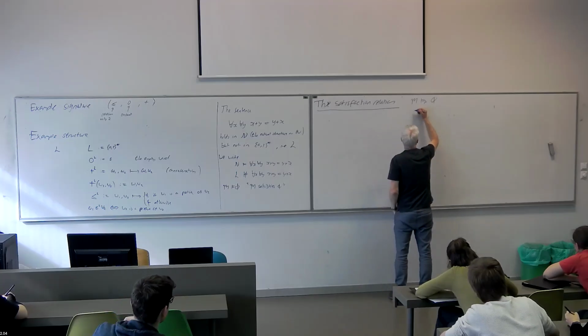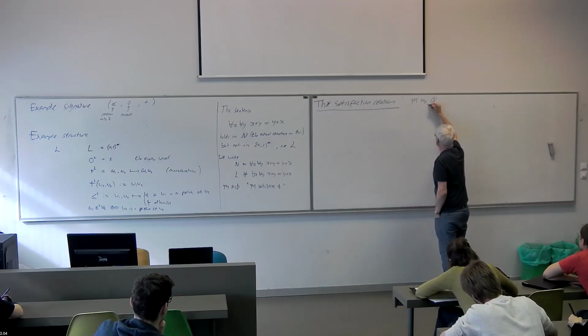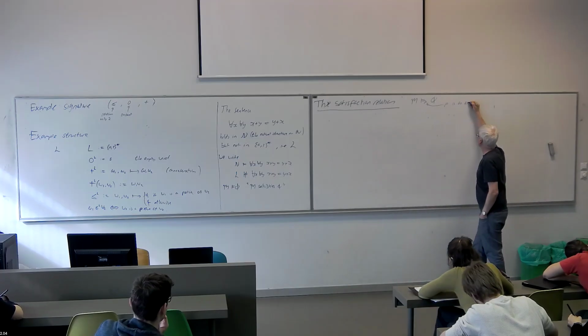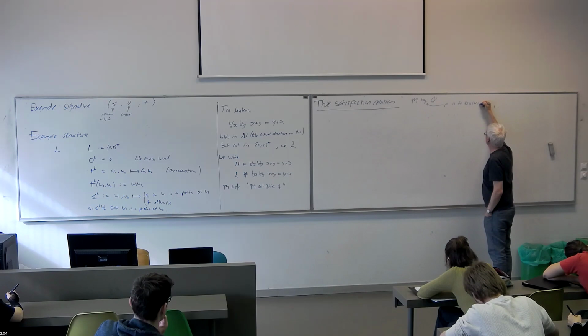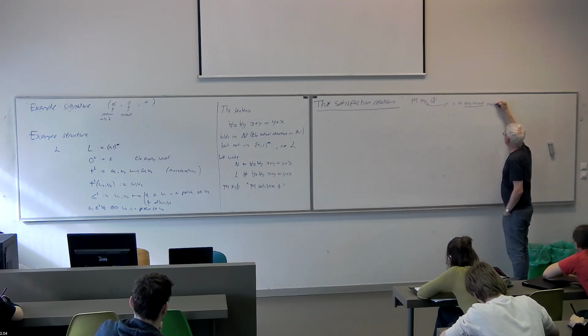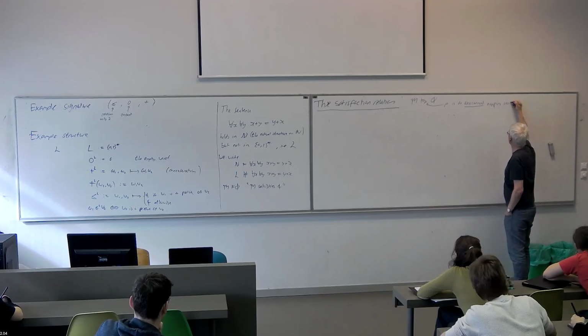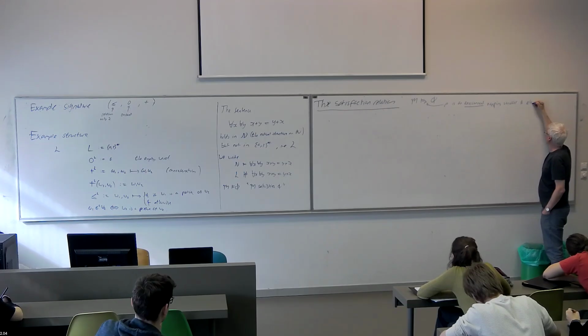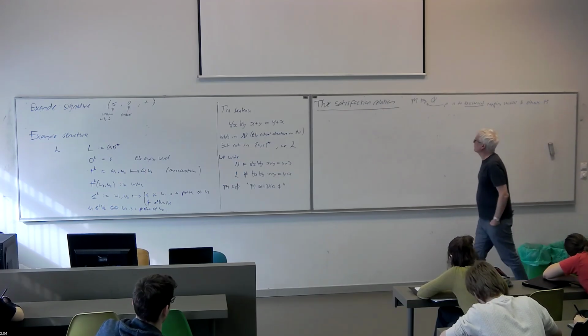M here is the structure, and rho is an environment, which is simply a function mapping variables to elements of M, elements of the underlying set of the structure.